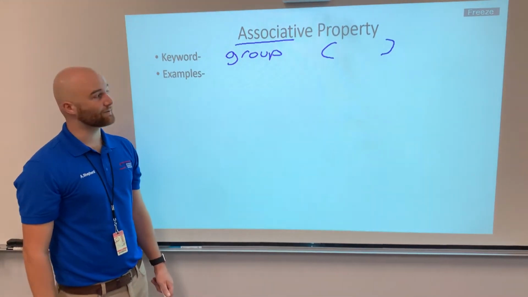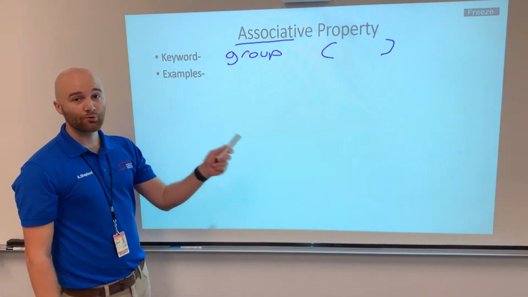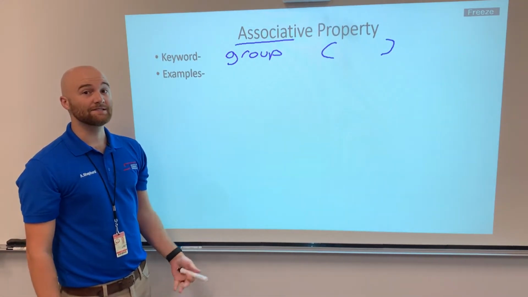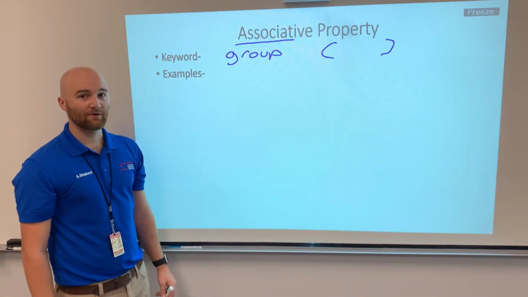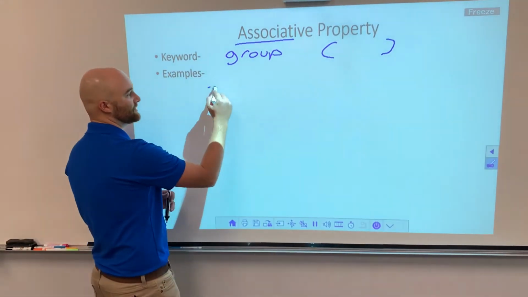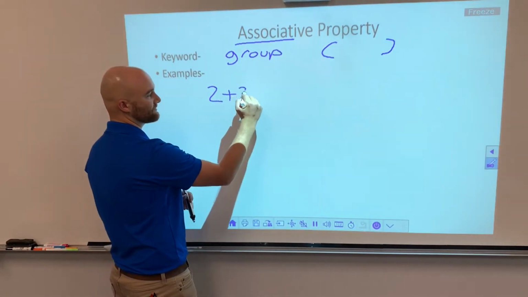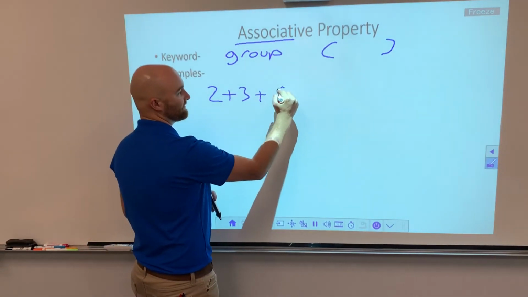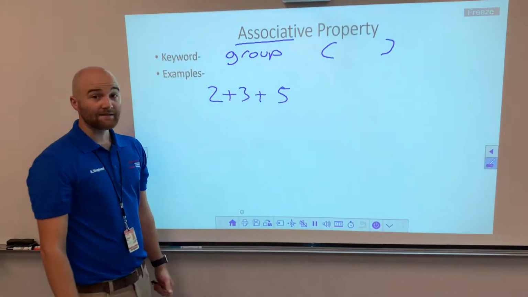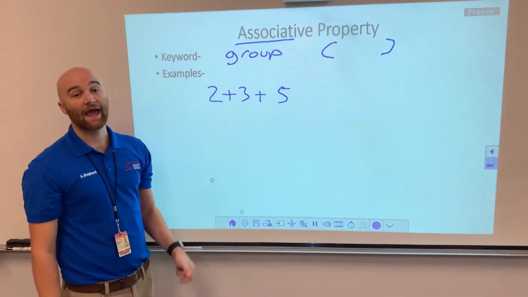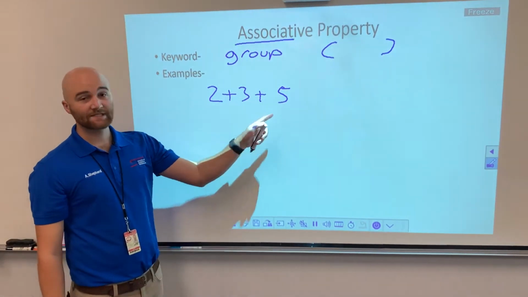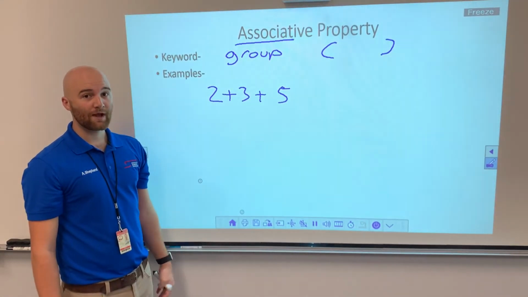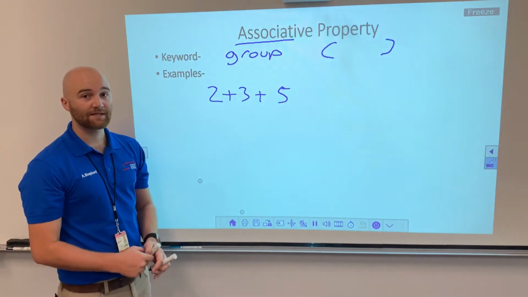The associative property says that we can group numbers together in different ways, and we should still get the same answer out. Let's try some. 2 plus 3 plus 5. If addition has the associative property, then I should be able to group this together in 2 different ways and still get the same answer.